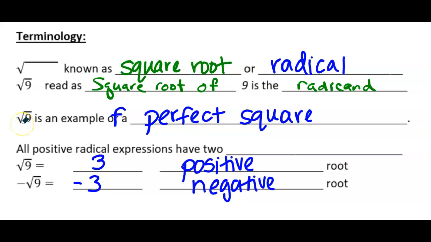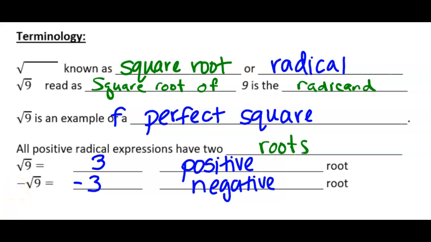The square root of 9 is an example of a perfect square, and every positive radical expression has 2 roots. It has a positive root and a negative root.